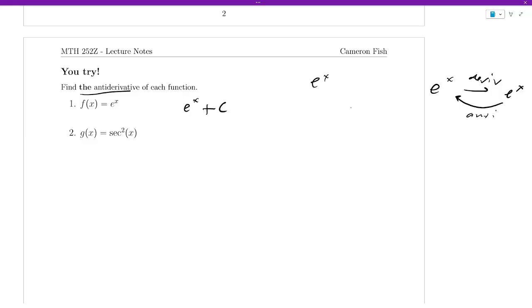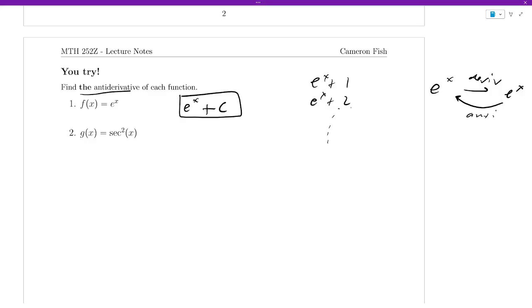E to the x plus 1 is an antiderivative of e to the x. E to the x plus 2 is an antiderivative of e to the x. But instead of writing an infinite number of things, I just write e to the x plus any constant c is the antiderivative. So it's like a set of functions, an infinite list of functions.